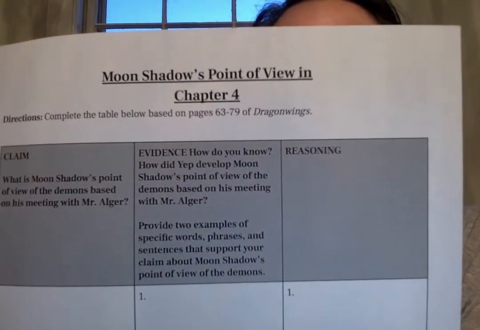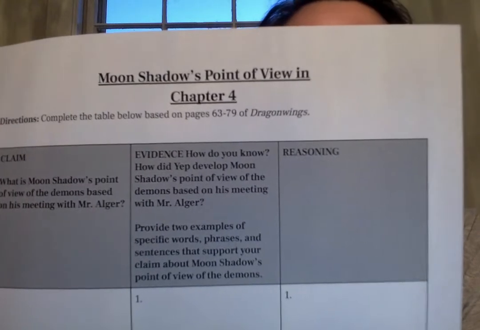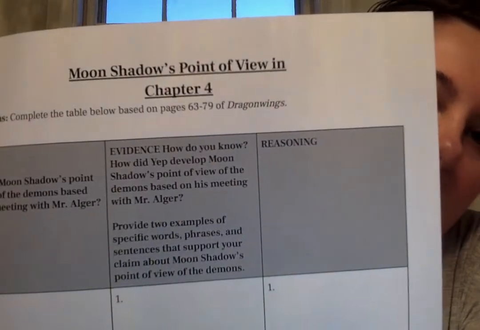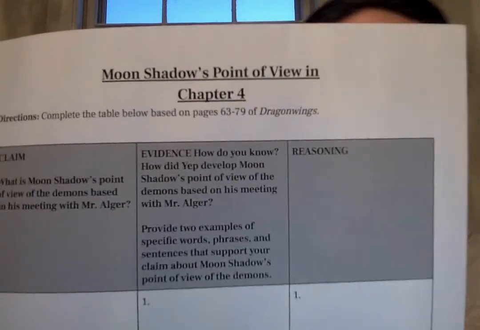So everyone should have this open now. If you don't, you can pause the video and open it. Yours might look a little different than this. Some of them look like this, and some of them look like... Sorry, my computer locked.